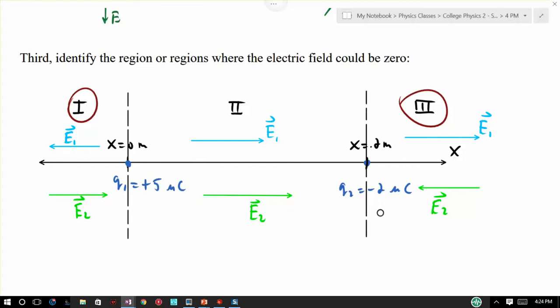The absolute value of Q1 is big compared to Q2. All right. So when you're over here, you're far away from Q2. Do you think the field from the second charge is going to be big or small? Small, really small. Can it ever be equal to what the field is from Q1 at that point in region 1, do you think?